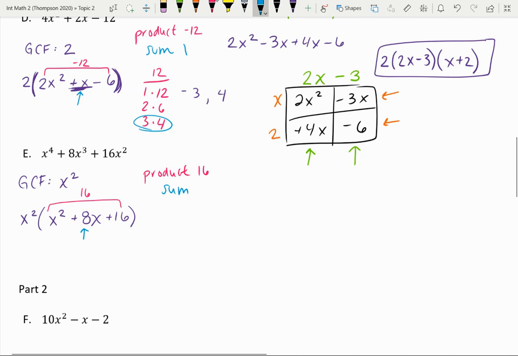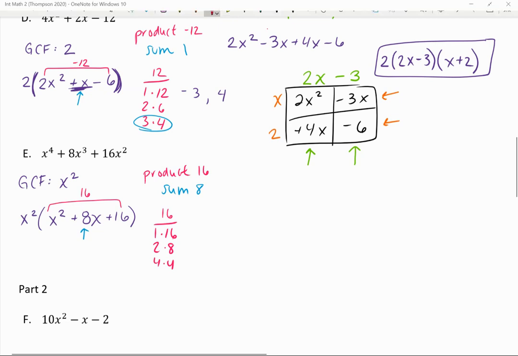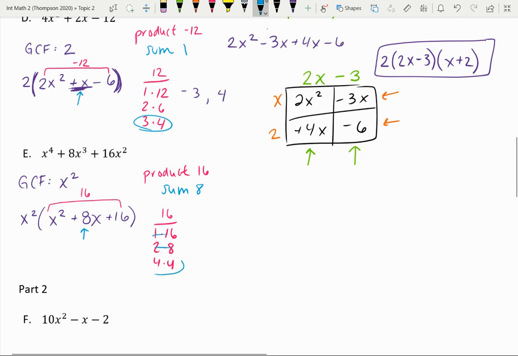To split up my linear term, I am looking for two numbers that have a product of 16 and a sum of 8. One and 16 gives me either 17 or 15. 2 and 8 either gives me 10 or 6. 4 and 4 gives me 8 or 0.